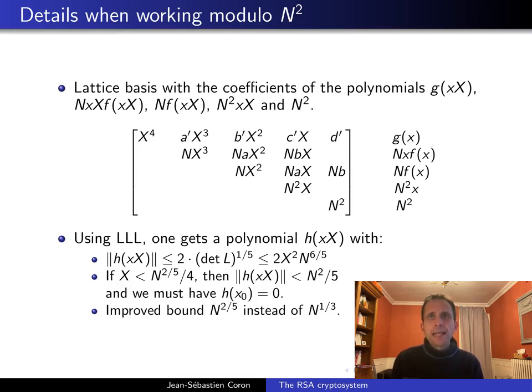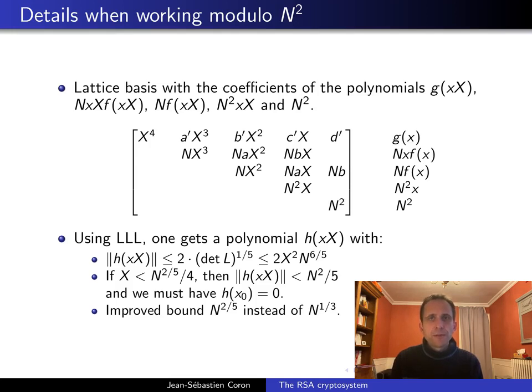And now, using LLL, we know that we can get a polynomial h of x which is a linear combination of these rows. And we know that the norm of the vector, or the norm of the polynomial h of small x times big X, where we replace the small x by the big X, will be less than 2 times the determinant of the lattice to the 1/5.